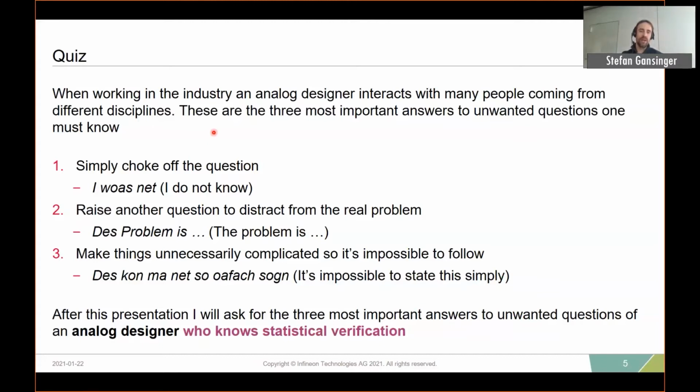Or my favorite one, the third: make things unnecessarily complicated, so for the person who asks, it's impossible to follow. In German, you start with "Das kann man nicht so einfach sagen," or in English, "It's impossible to state this simply." The quiz today is: these are answers a typical analog designer can give. But since we talk about statistics and statistical verification today, I will ask you at the end of the presentation, what are the answers for an analog designer who knows statistical verification as well?